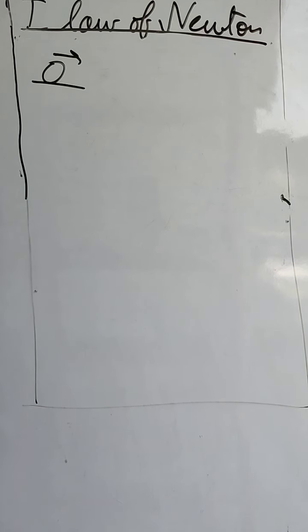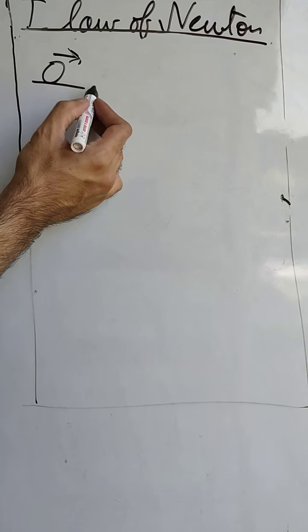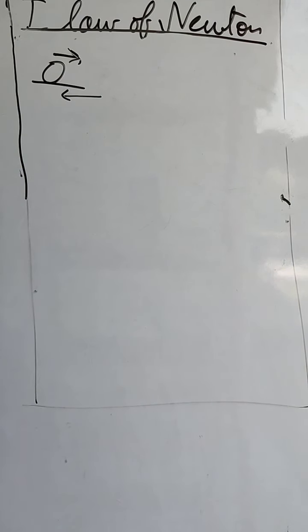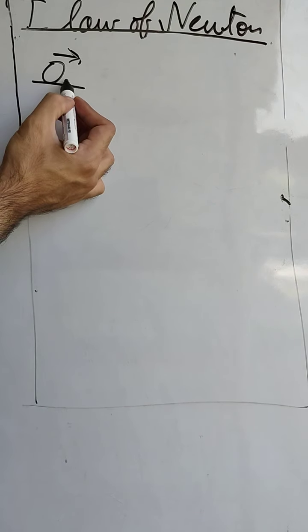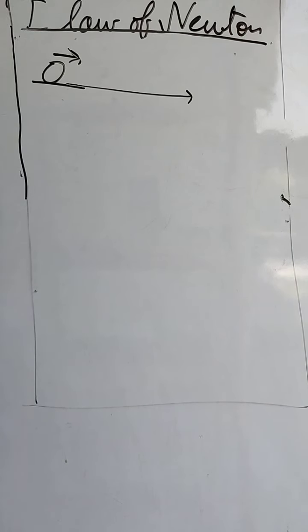If we need to bring the body to rest, then we have to apply force on the body. If the body is moving in this direction, we have to apply force in the opposite direction to stop it. But if this external force is absent, then there is nothing that will stop this body and it will keep on moving in the same direction for an infinite amount of time.